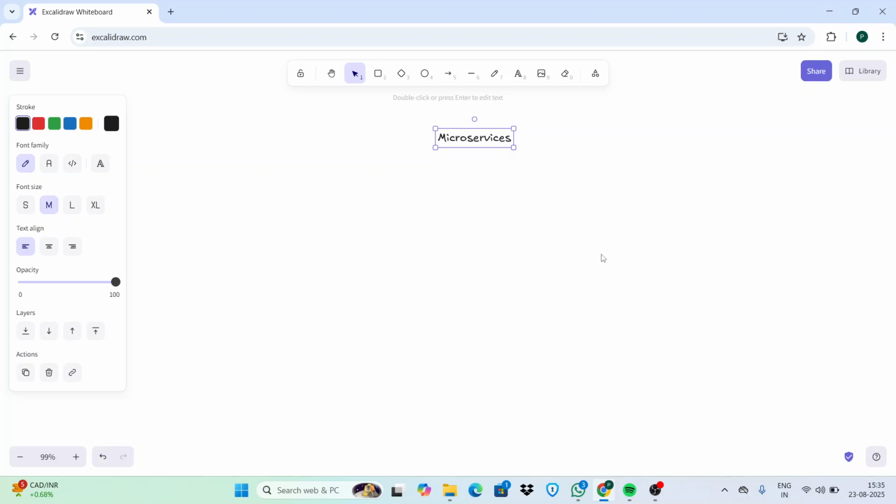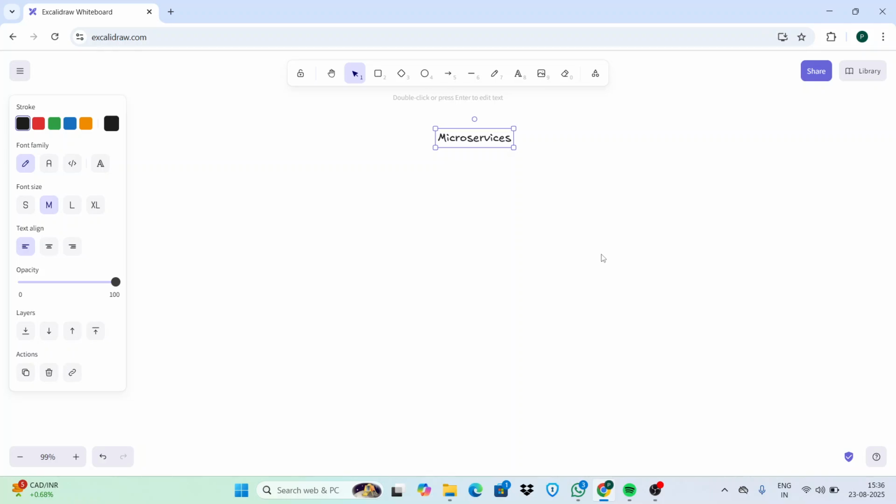So microservices is nothing but a way of building software, or we can say an application design architectural style which is used while building any software.